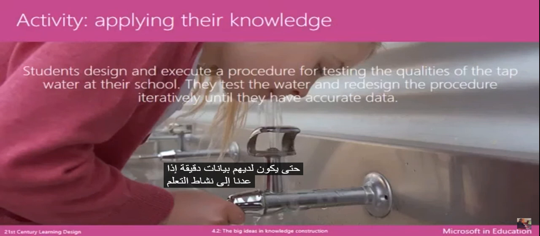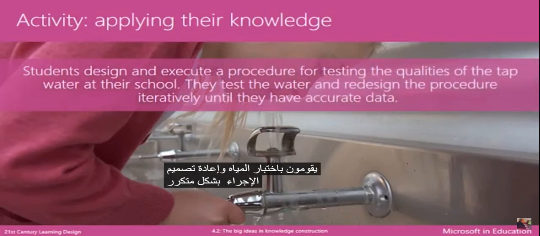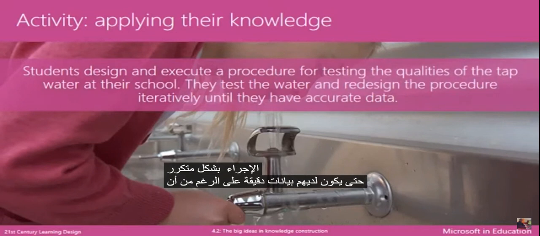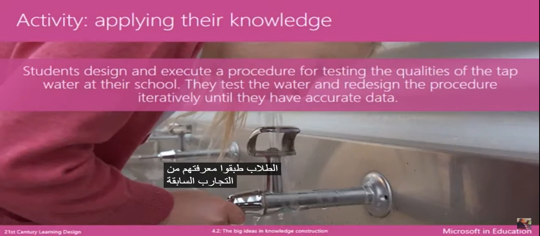If we go back to the learning activity where students design and execute a procedure for testing the qualities of the tap water at their school, they test the water and redesign the procedure iteratively until they have accurate data. Although students applied their knowledge from previous trials to refine the procedure, they're only applying knowledge within a single repeated context.